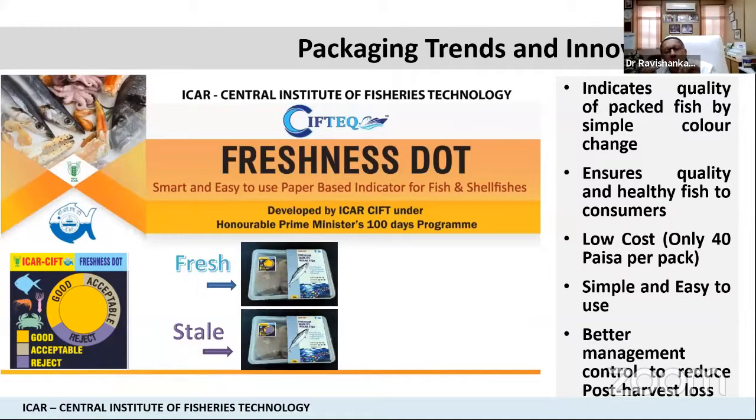It is basically a paper impregnated with some dyes, and when fish spoils it liberates some amines, which change the color. If it is yellow, it is fresh, and if it turns purple, it is stale. A consumer can see whether what he is buying is still edible and safe. Similarly, the time temperature indicator will show anywhere that the product has been abused.